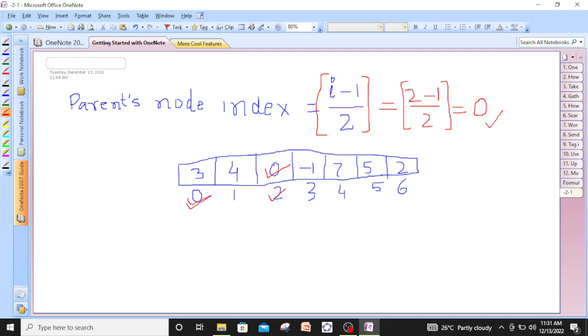So the parent of this 0, here 0 is the element, remember, but this 0 is an index, both are different things. So the parent of this 0 is the element whose index is 0. Here you see the index 0, and this index 0 is related to 3.